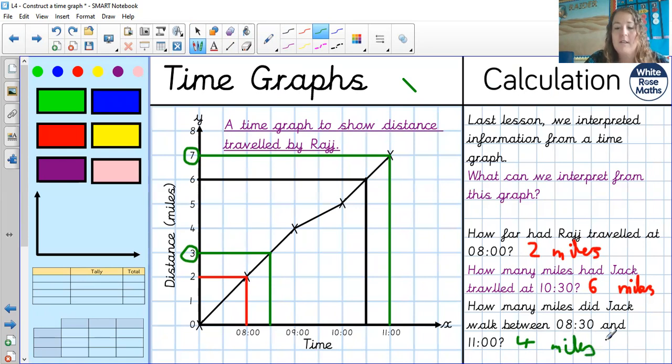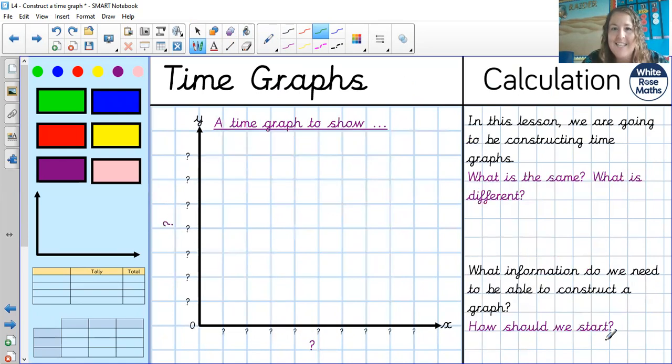Now, hopefully you can see, just as we spoke about on Monday, it's really useful to always draw on our time graphs. If it's dotted lines, it just makes it really clear, and it's all about those straight lines. So recapping last lesson, how does that help us today, I hear you ask? In this lesson, you know that we're going to be constructing time graphs. Constructing, as I mentioned on the first page, means to build or to create.